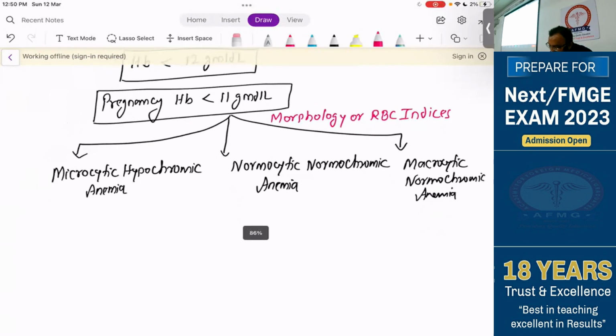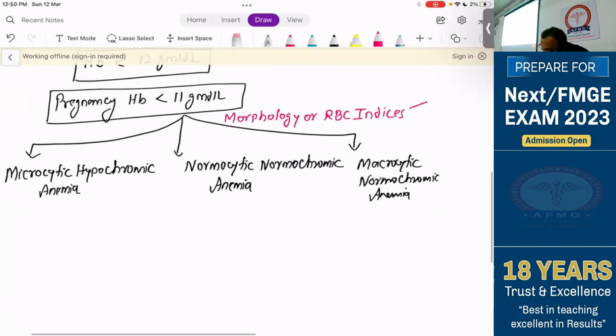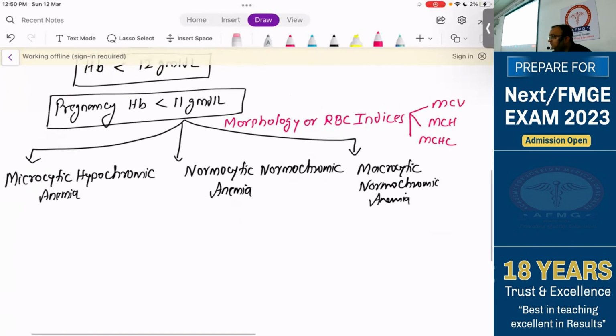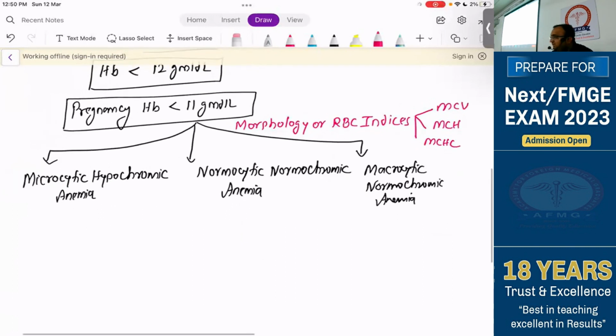So what are the indices? We'll see three important indices: MCV, MCH, and MCHC. According to these RBC indices, we can differentiate anemias into three categories. One is microcytic, second is normocytic, and third one is macrocytic.